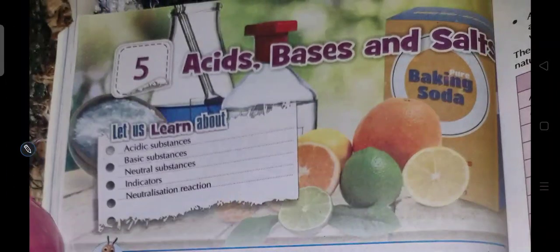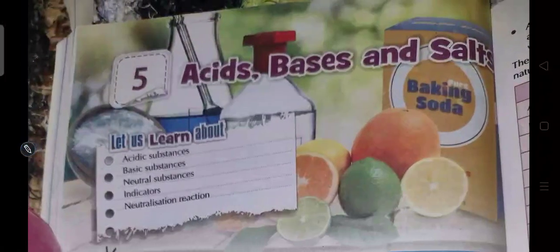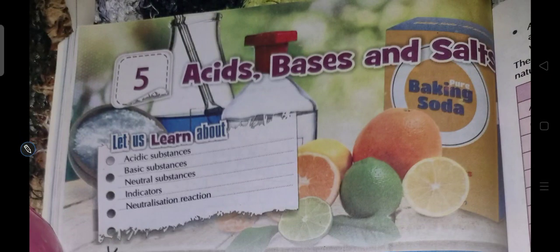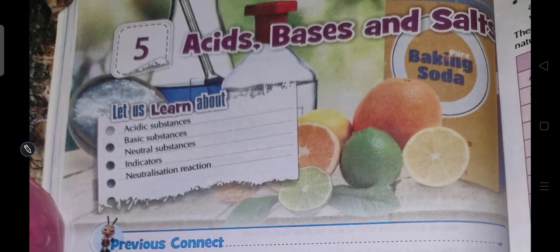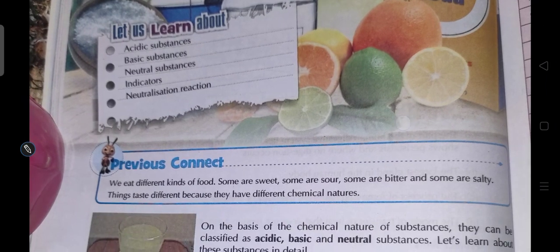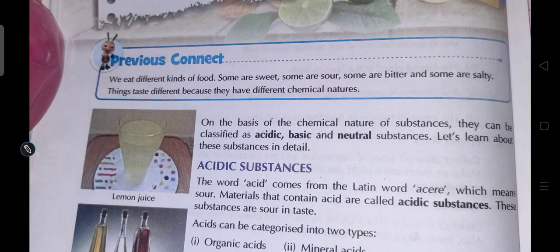So the taste of those substances differs from each other. What is the reason behind this difference? Some of them are sour, like citric acid, which is present in lemon. That's why the sour taste of lemon. And the salts and the bases.